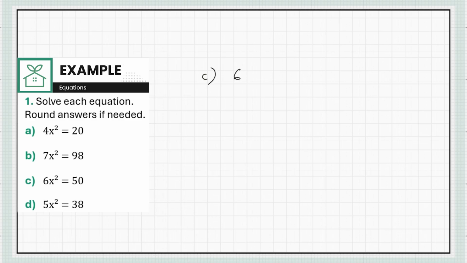C is 6x squared is equal to 50. So we're going to get rid of our coefficient by dividing both sides by 6. 6x squared divided by 6 is just x squared, and 6 doesn't go into 50, so we're going to write 50 over 6. That means x is going to be equal to plus or minus the square root of 50 over 6.